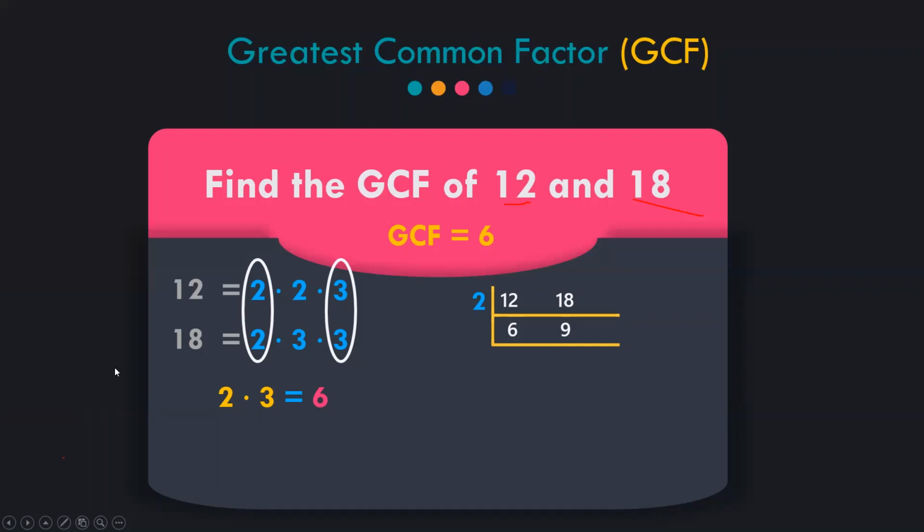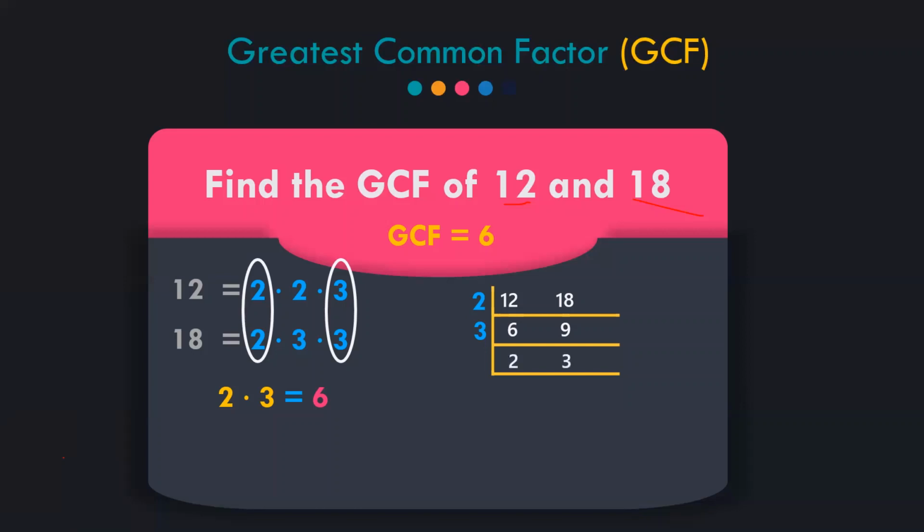So, same process. Again, think of a number that can divide 6 and 9. So, we can have 3. So, 3 can divide both 6 and 9. So, let us divide. 6 divided by 3, that is equal to 2.